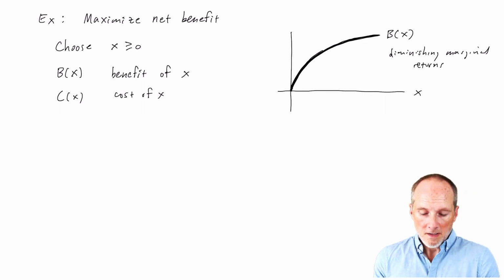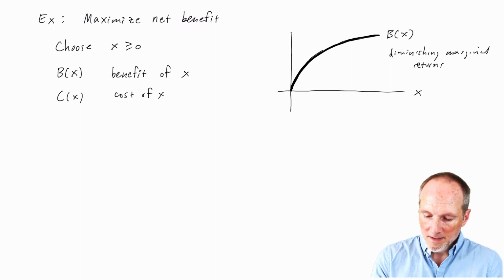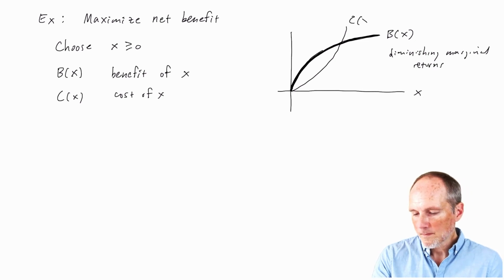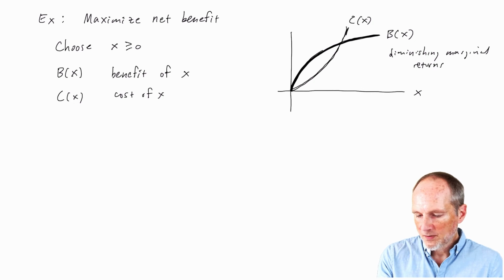Okay. What about the cost function? Well, a typical example would look sort of like this. So here, as the scale of the project increases, the cost increases, which is natural.